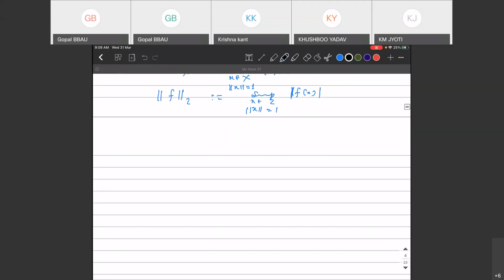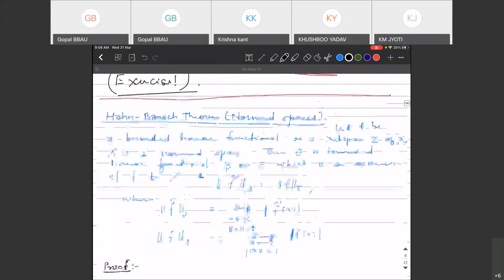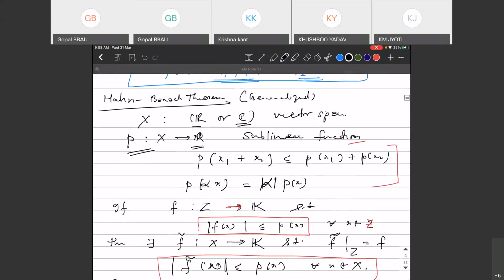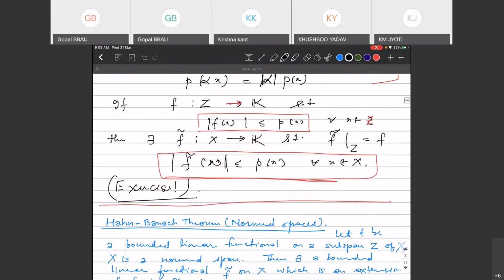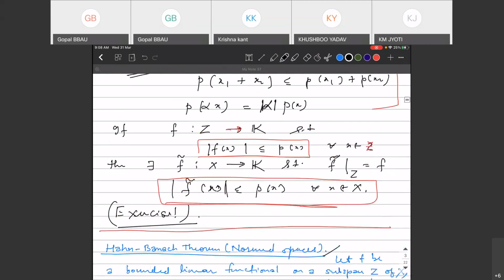Let's begin the proof. Somehow we will use the Hahn-Banach theorem in order to prove the Hahn-Banach theorem for normed spaces.